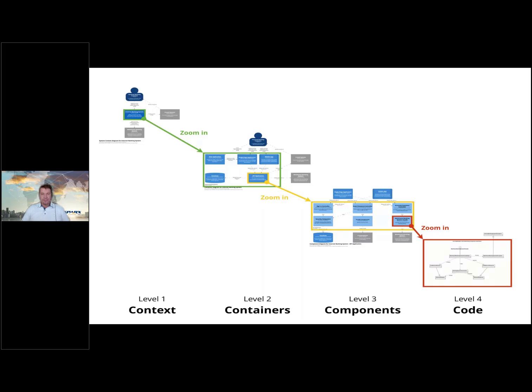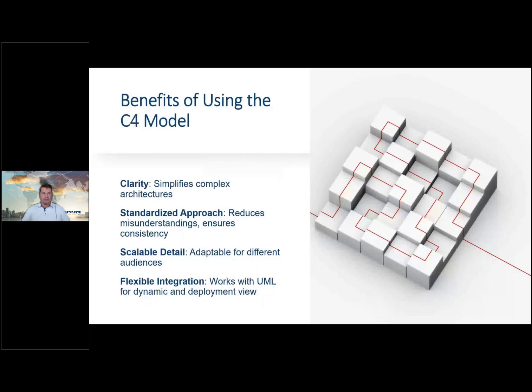Okay, so what are the benefits of a C4 as such? C4 has a bunch of benefits. First, it makes things clearer by breaking down complex architectures into simpler parts, which helps everyone understand the system better. So it really decomposes the complexity into simpler blocks. Second, it gives us a standard way to work that cuts down on confusion and keeps everything consistent.